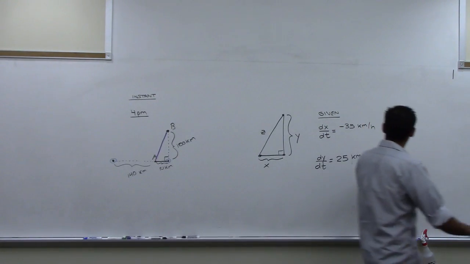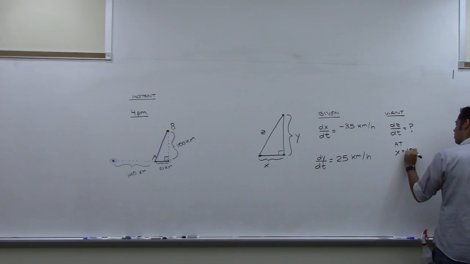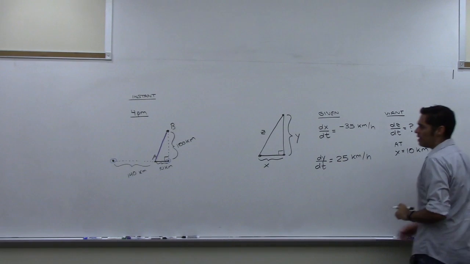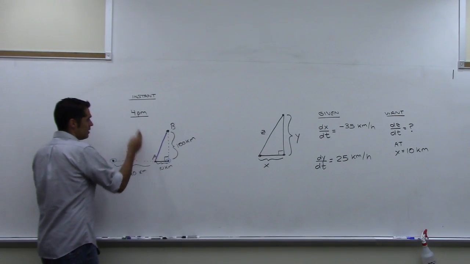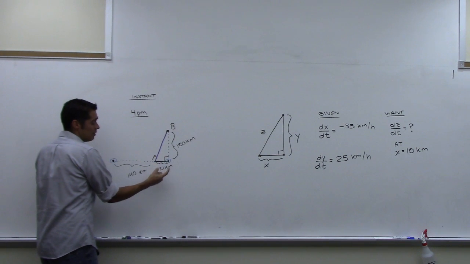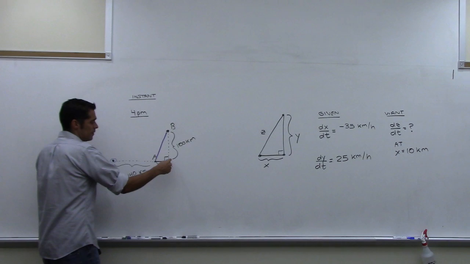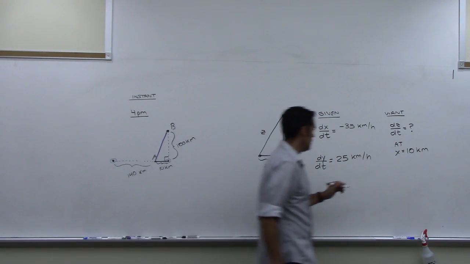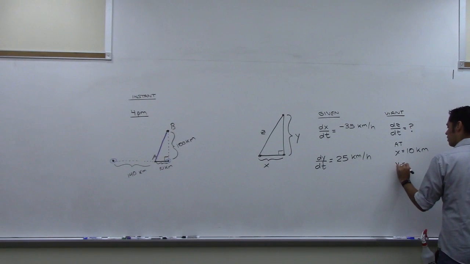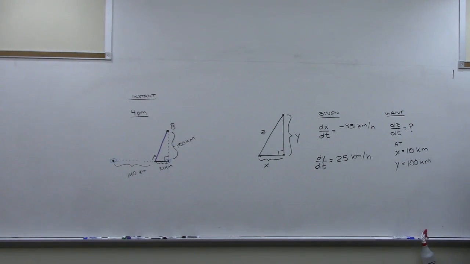So I want to know this at the moment that x is equal to 10 kilometers. See, I can't say 140, because 140 kilometers is how far it's sailed. When I get to 4 p.m., this side of the triangle is 10 kilometers. So that's why I'm using 10. And then for the y value, it's this distance, which is the 100 kilometers. So when y equals 100 kilometers. I really hope that makes sense.